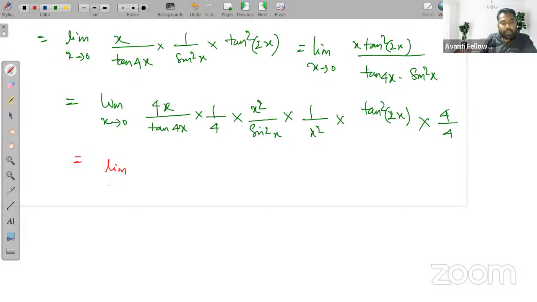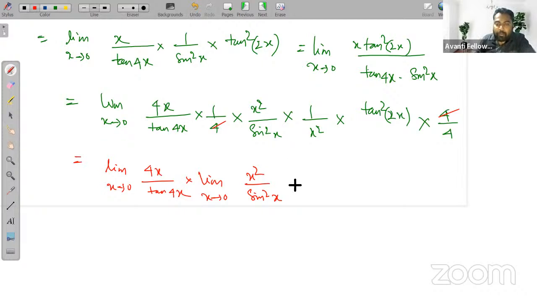So limit x tending to 0 of 4x upon tan of 4x. So this 4 will be cancelled out. Into limit x tending to 0 of x square upon sin square x, and into limit x tending to 0 of tan of 2x upon 2x, the whole square, with 4x square.